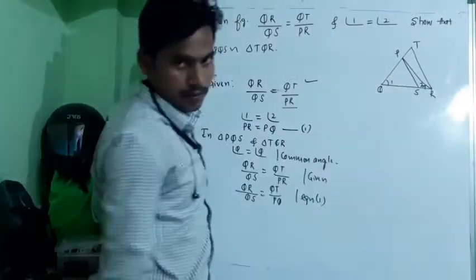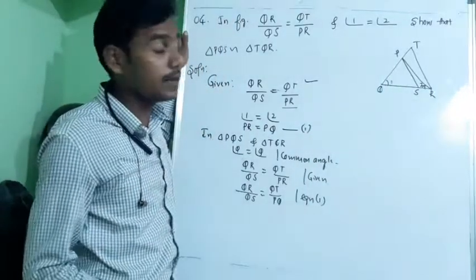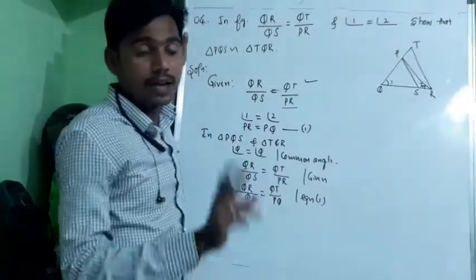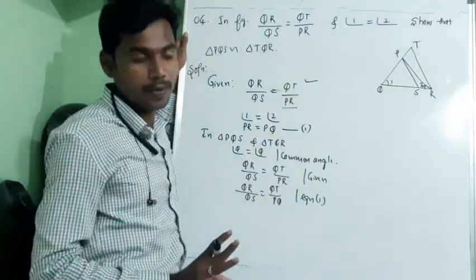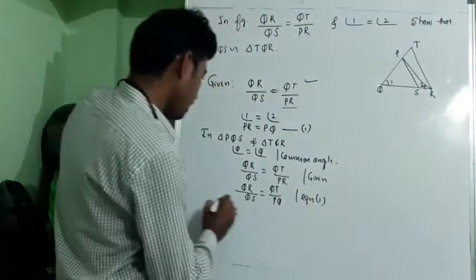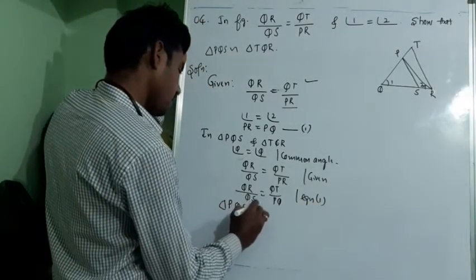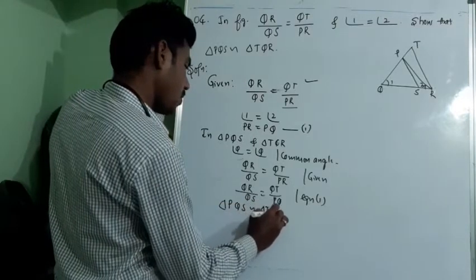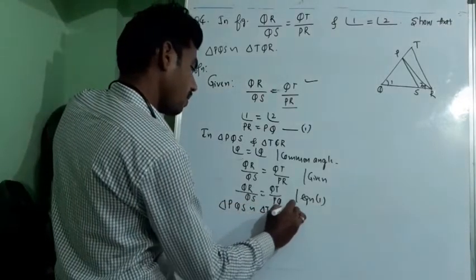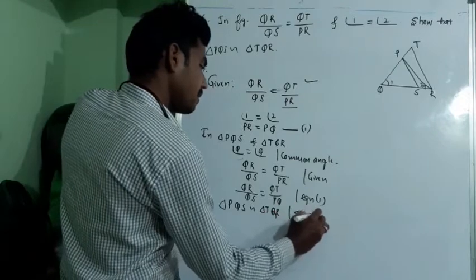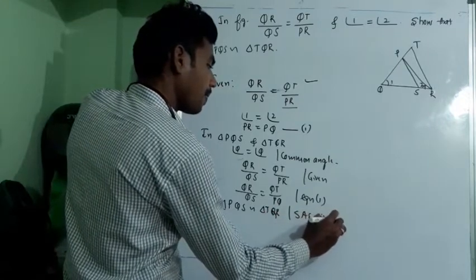Two angles are equal and two included sides are proportional. So through SAS, triangle PQS is similar to triangle TQR. Why? Because of SAS similarity criteria.